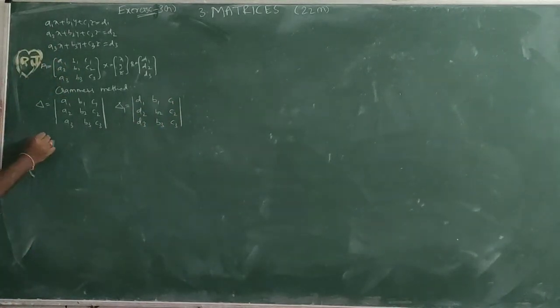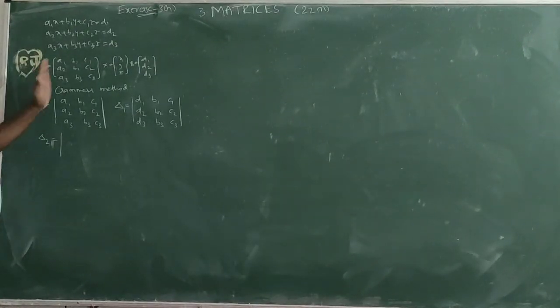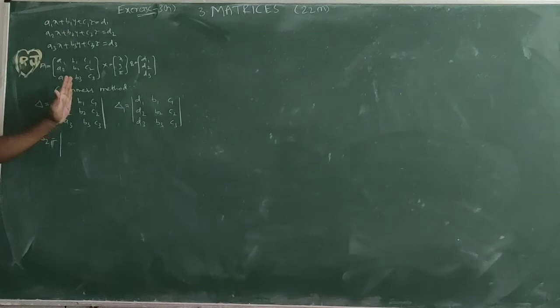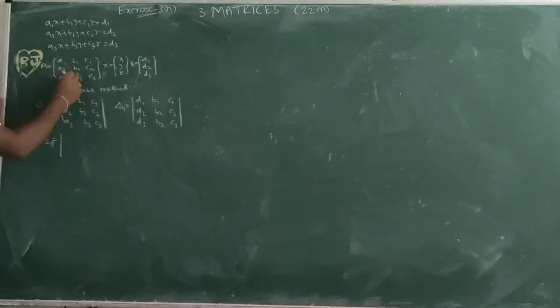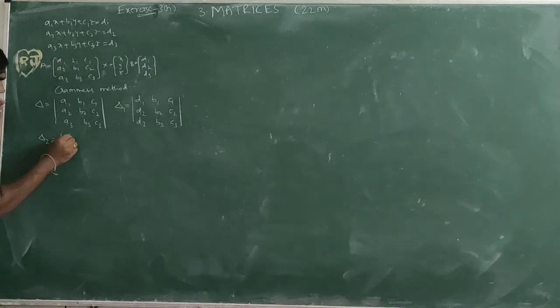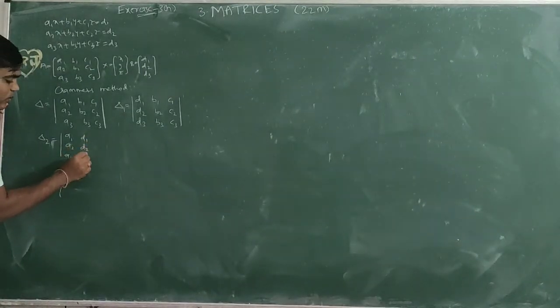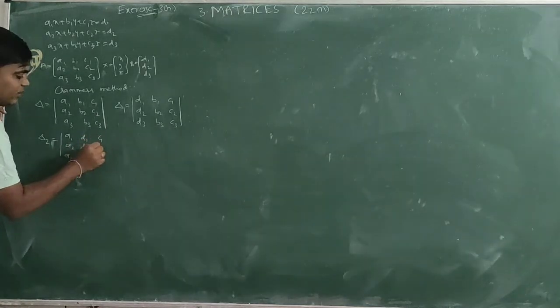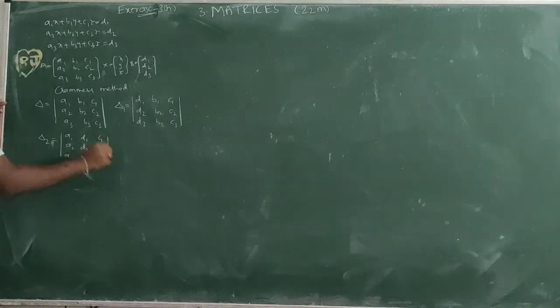Next, delta 2. Delta 2 equals, replacing the second column. What is the second column? b1, b2, b3. Replace this with d1, d2, d3. The first and third columns are the same: a1, a2, a3, and c1, c2, c3.